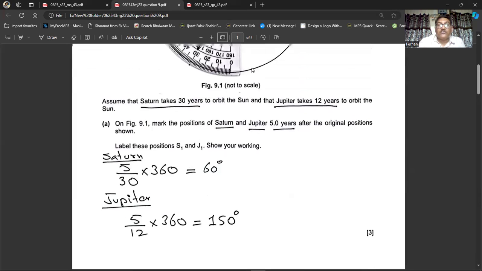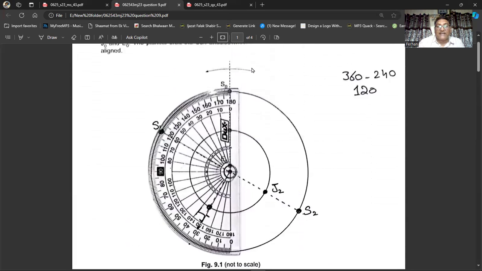So now I will show you, I will put my protractor. You can see I will put my protractor because they are orbiting anti-clockwise. So here was their initial position. After 5 years, Saturn would cover 60 degrees, so I will put a dot here, and Jupiter will cover 150 degrees, so I will put a dot here.